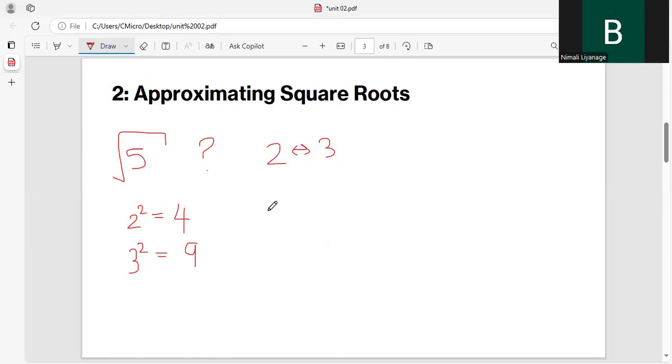Let's check the square of 2.1. The square of 2.1 is equal to what? And 2.2 is equal to what? And the square of 2.3 is equal to what?